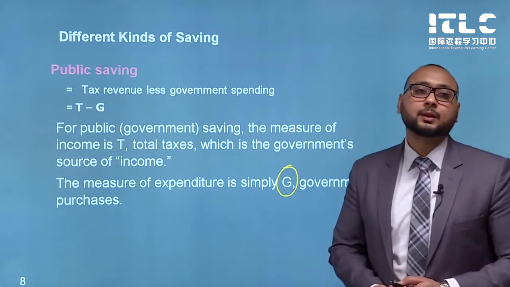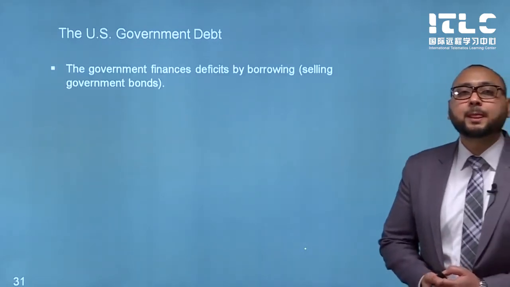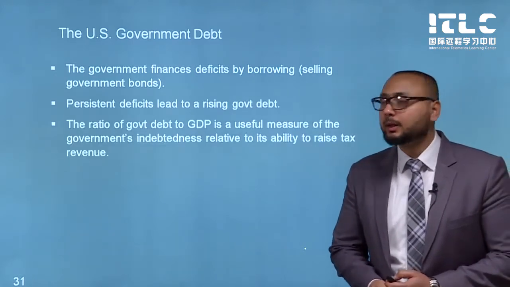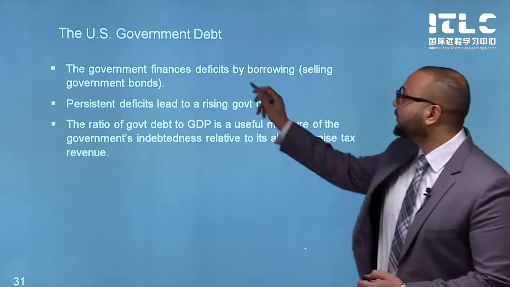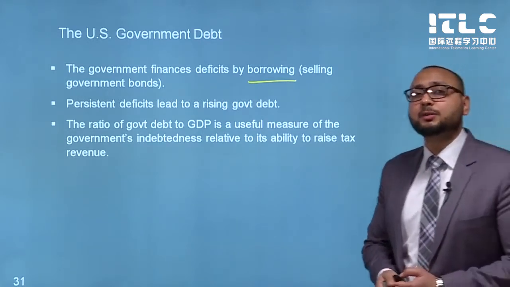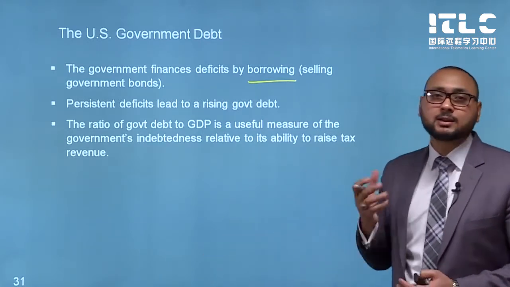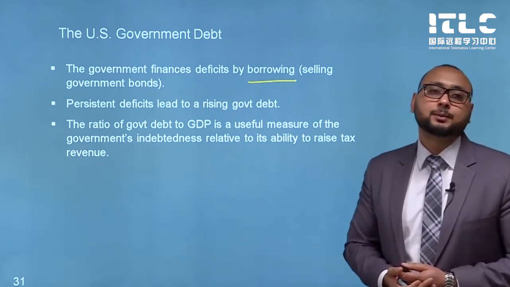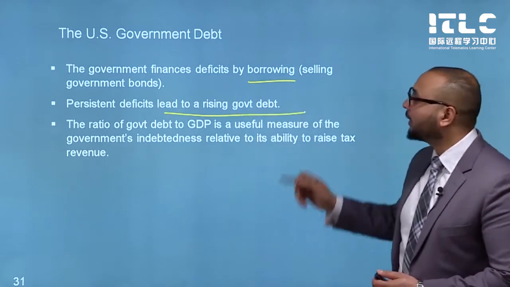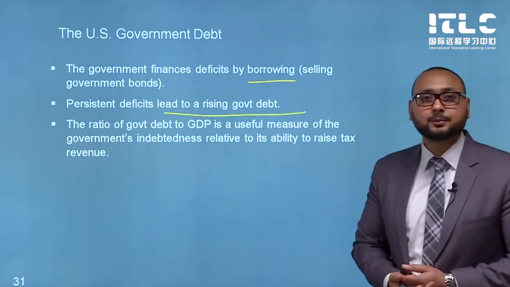So here we have US government debt. This is the example from your book, that the government finances its deficit by borrowing. When the government is borrowing, it means they borrow cash and issue some bonds. So a persistent deficit leads to rising government debt.